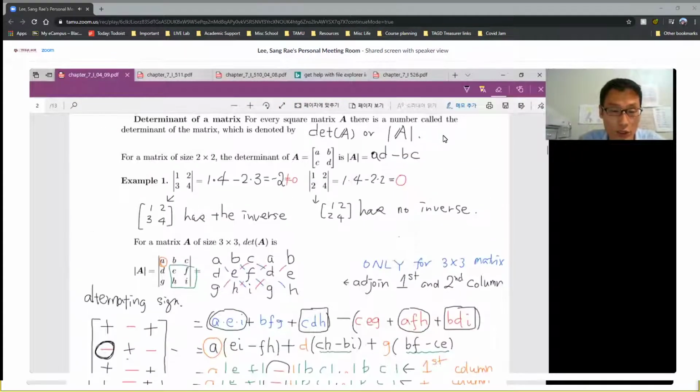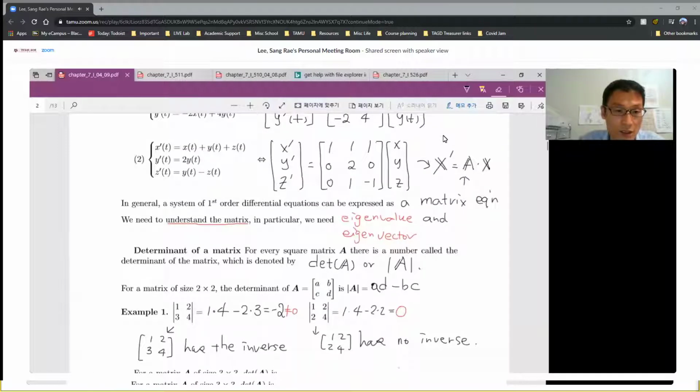All right, so quick review. In this chapter, we want to discuss systems of linear differential equations. Every system of first order differential equations can be expressed as a matrix equation.